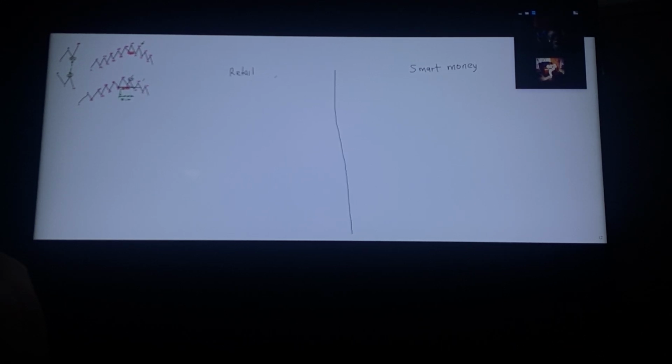Now, what's common between the two of them, let's start with the first thing, is trend. Everybody sees trend as what? Higher high, higher low. Retail sees trend as higher high, higher low, and smart money sees trend the same way, higher high, higher low.